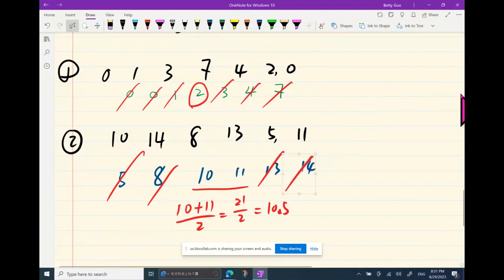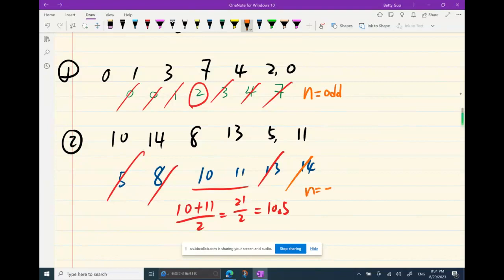So two different cases. The first case, the sample size is odd, like 7, 9, 11, 13. If the sample size is odd, then you would end up with one value in the middle, and that one value would be the median.